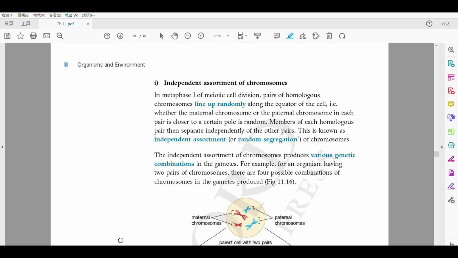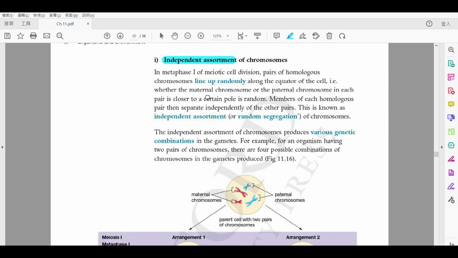Okay, 咁然後啦就去繼續, and then we talk about the independent assortment. Alright, so remember independent assortment. When does it happen? 一定要永遠記住嘅。So it's metaphase 1.